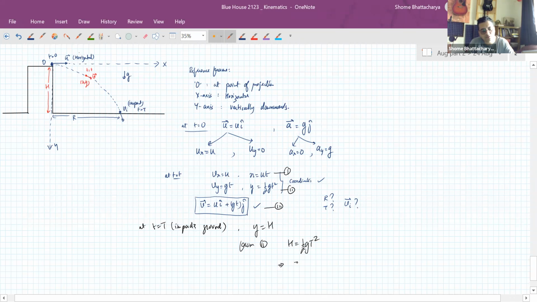So the time it takes to reach the ground is given by this formula, square root of 2H by g.